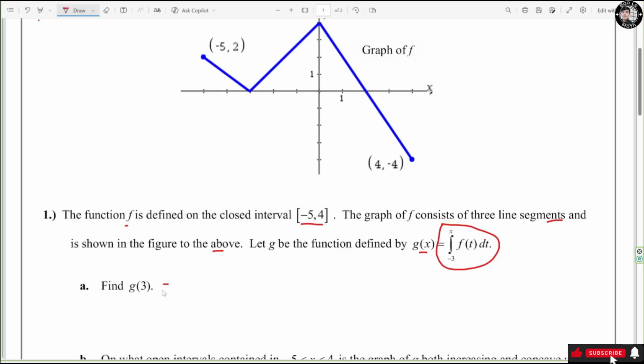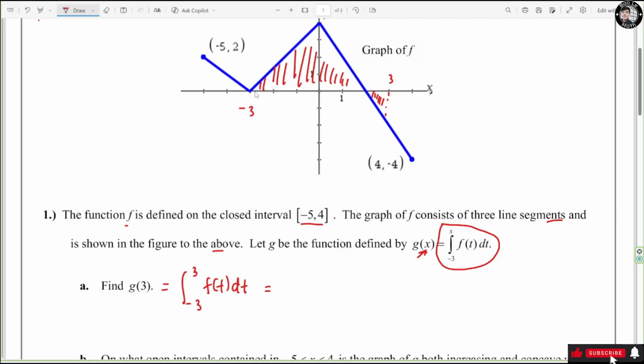Alright, so substitute 3 for s into this equation. We have the integral from -3 to 3 of f of t dt, right? So we look at the graph right here, -3 is right here and 3 is right here. So it is the area of this triangle right here, subtract the area of this triangle right here, right?